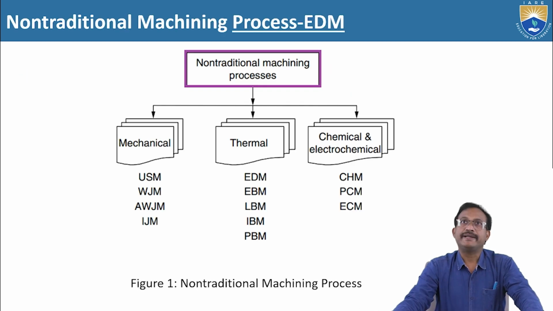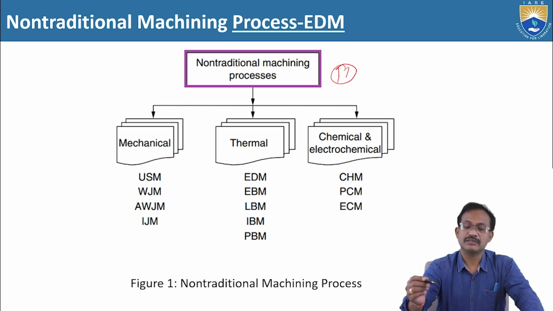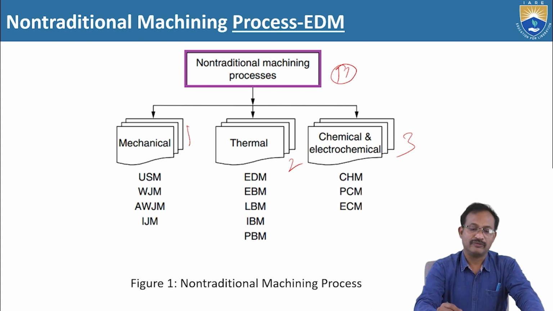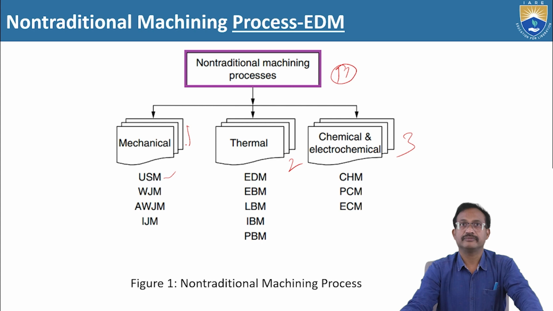Right. So non-traditional machining process. Under non-traditional machining process, we have broad categories: mechanical, thermal, chemical and electrochemical. Under mechanical, we have covered ultrasonic machining, water jet machining, abrasive water jet machining, ice jet machining.